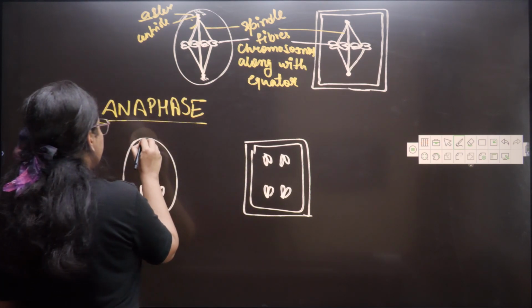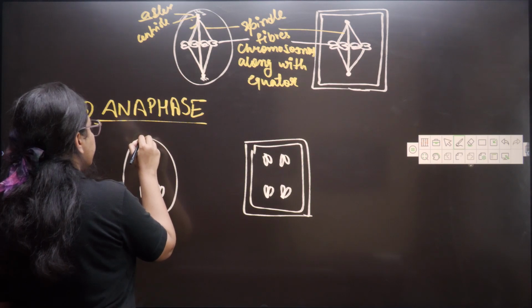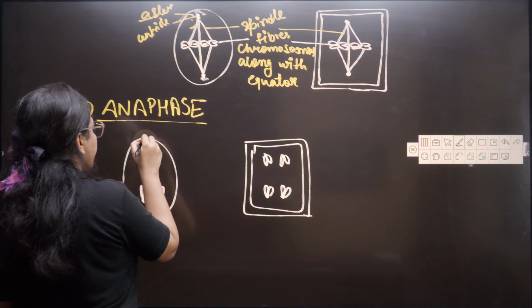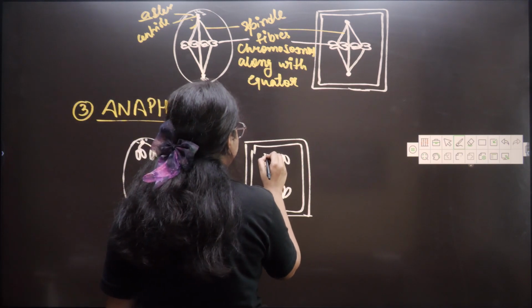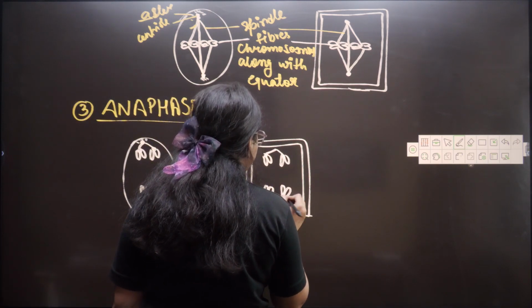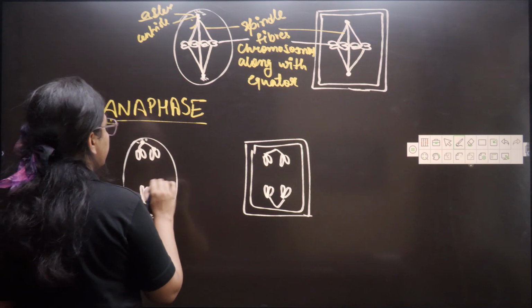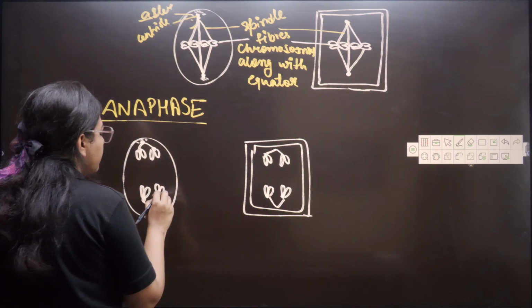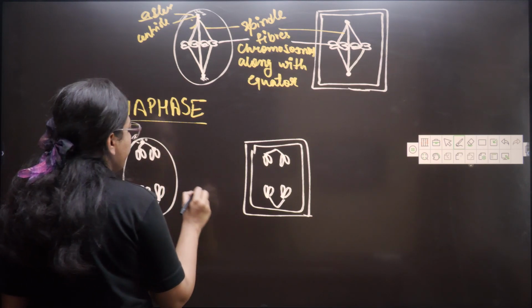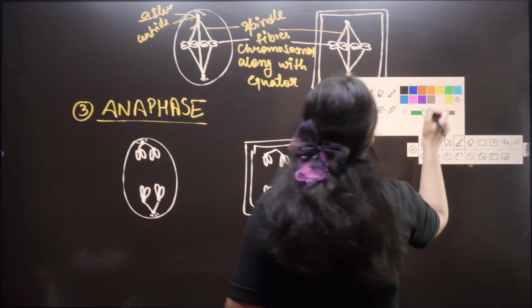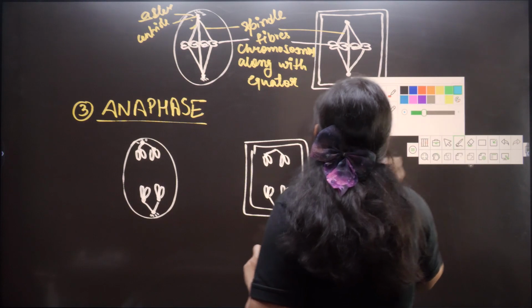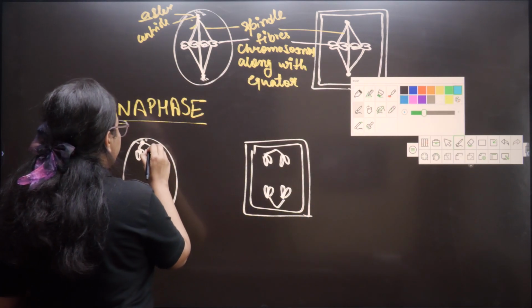And again this is centriole, aster, here also centriole and the aster, here only spindle fibers. So this is this way. And now you see here labeling will be done. So let's label it. Let's take this one. So label will be the same.